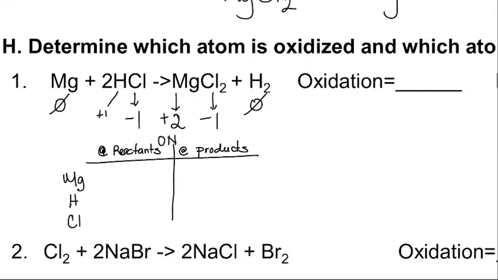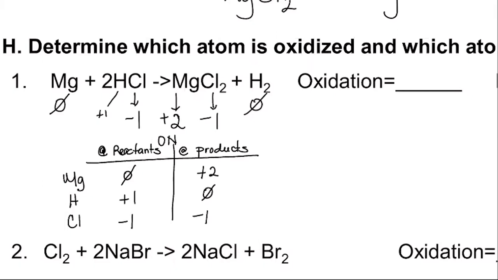So magnesium in the reactant has an oxidation number of 0. Hydrogen has an oxidation number of +1. Chlorine has an oxidation number of -1. In the products, magnesium is a +2. Hydrogen is a 0, and chlorine is a -1.